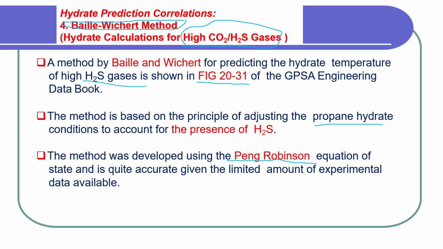And the method, as we mentioned earlier, is based on adjusting or correcting the propane hydrate condition, accounting for the presence of H2S or a high percentage of H2S. And it's good to mention that this method is widely accepted, and it gives you a relatively accurate result.